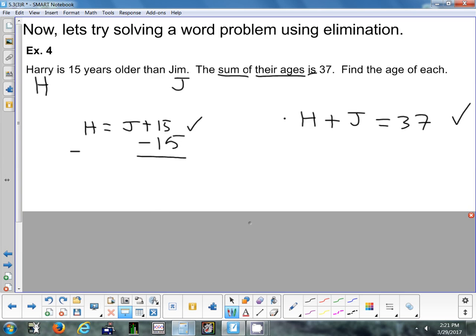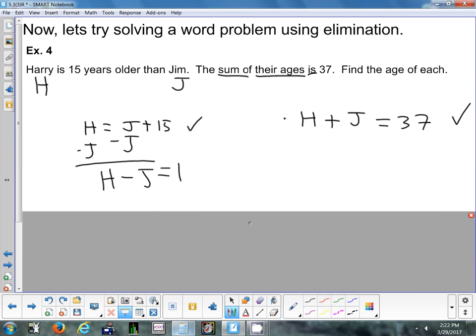So what does this equation have by itself on the right? The number is okay on the right. So wouldn't it be minus J? Yes, minus J. And then that would turn into H minus J equals 15. Excellent, very good. Thank you. Nice job.